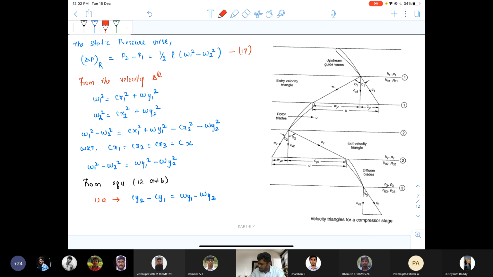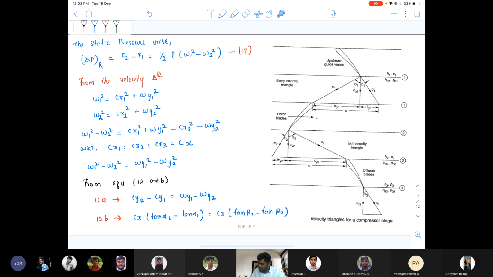In the same way, equation number 12b, which we have derived yesterday, gives Cx into tan alpha 2 minus tan alpha 1, which will be equal to Cx into tan beta 1 minus tan beta 2. Okay, these two equations we derived when we were solving the stage velocity triangle. From these two equations you can write the value of W1 square minus W2 square.